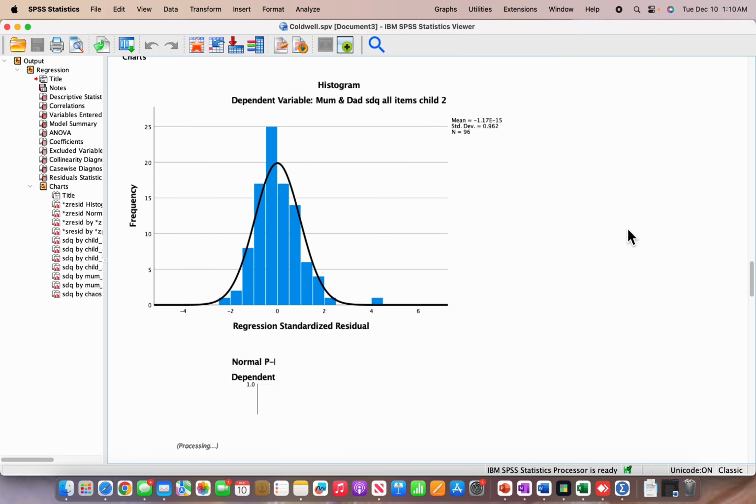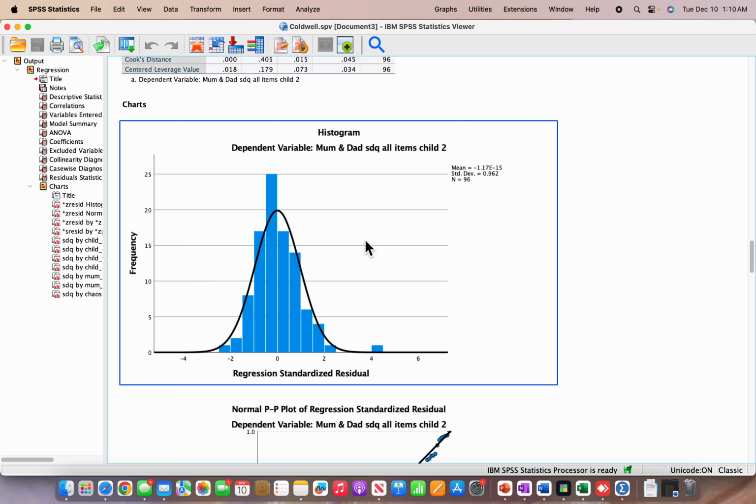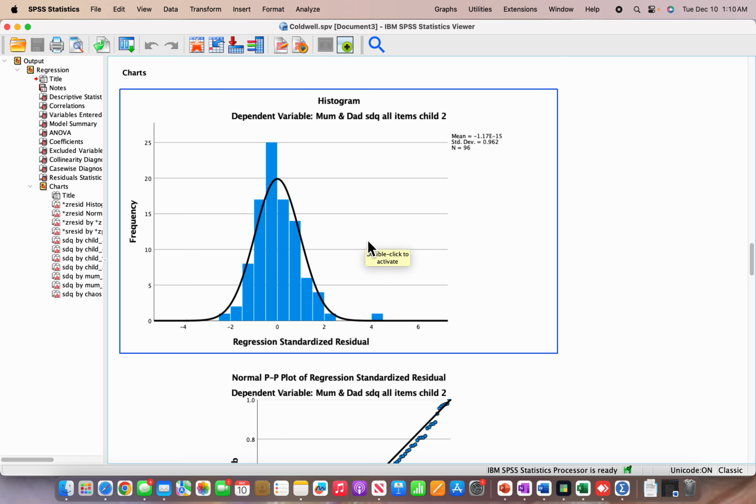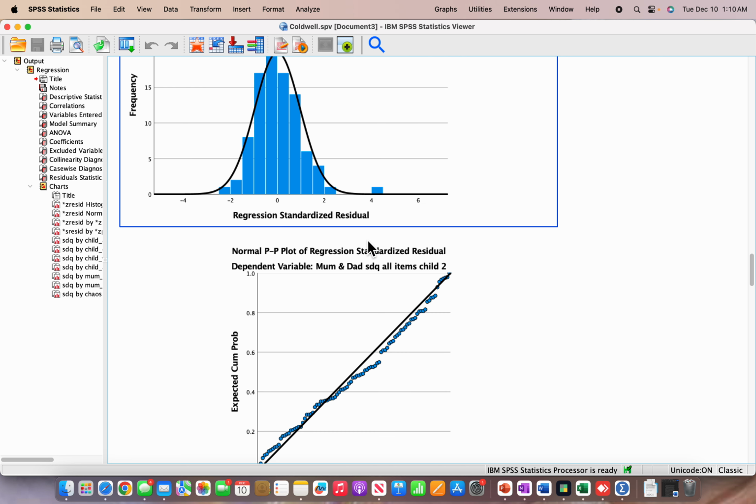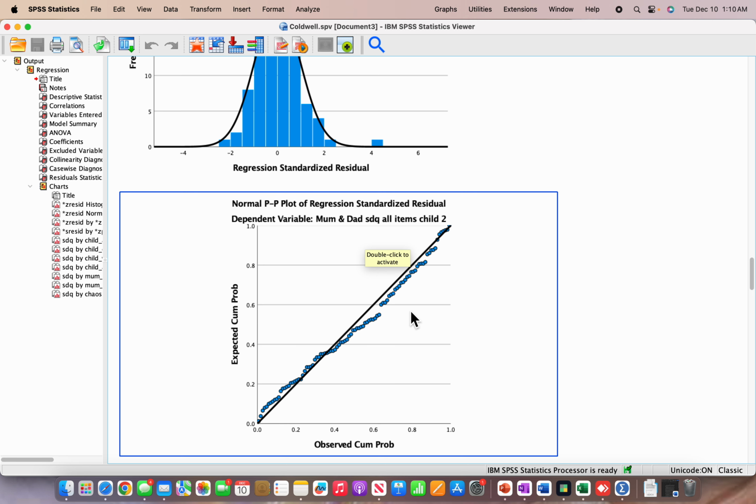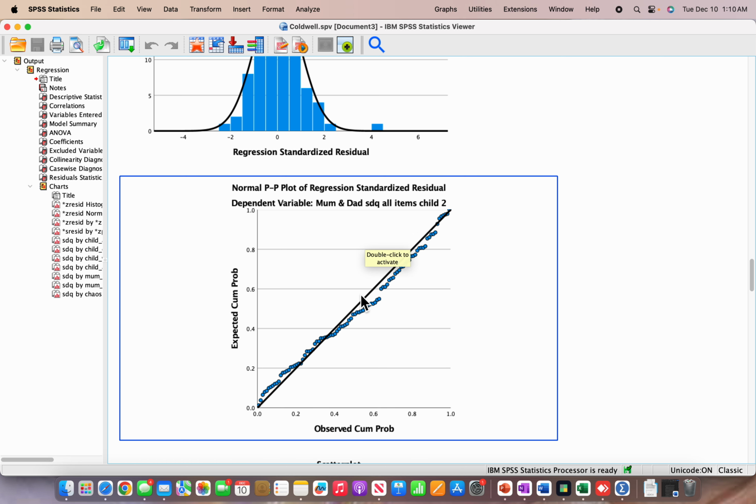And then we also have our charts, which is going to be our histogram, and this shows that it's normally distributed. And then our PP plot is going to show our linearity and also homoscedasticity and not heteroscedasticity.